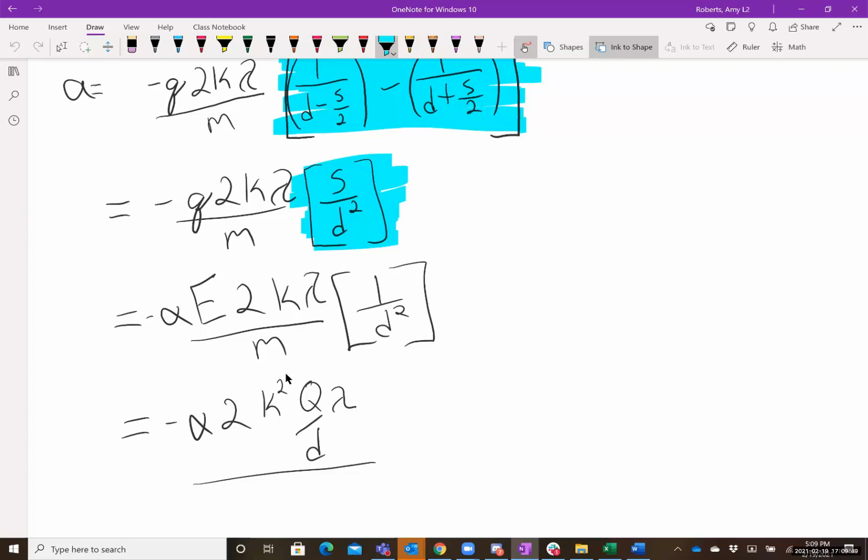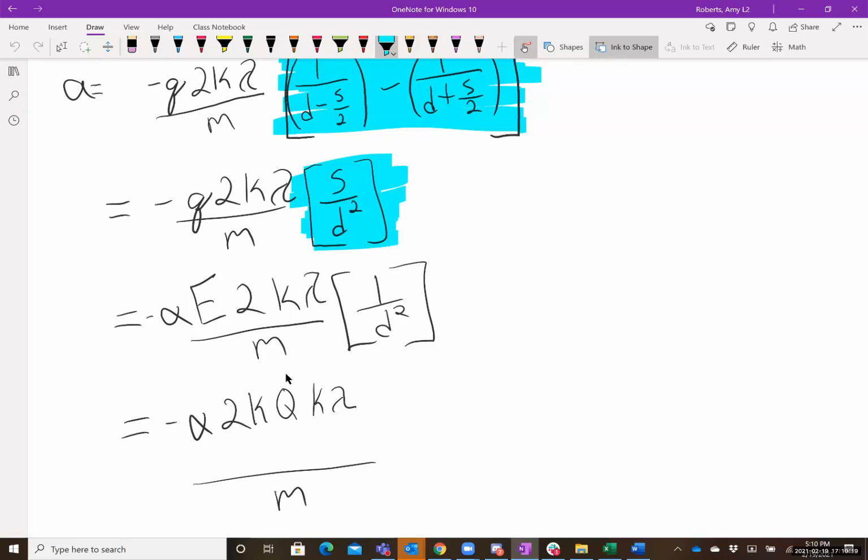Yeah, over D times L, right? Because you're trying to do KQ over KQ, sorry, K lambda over D is what you're trying to do. Isn't there a Q in here for the E? Yeah, that's right. But it's really 2K lambda over the distance.